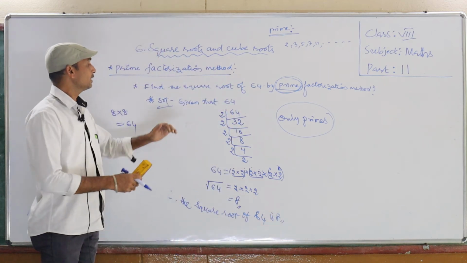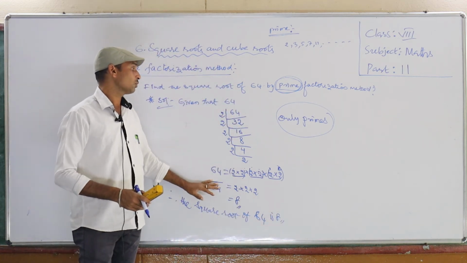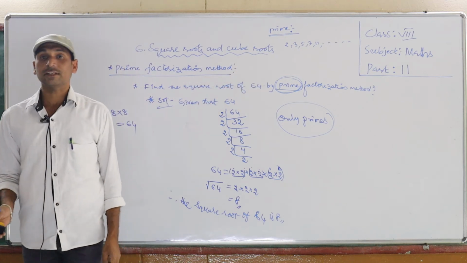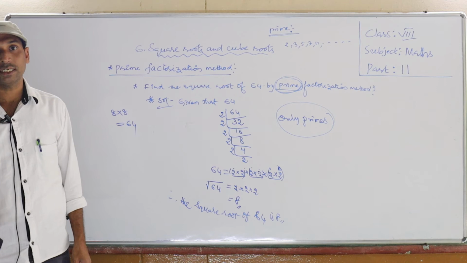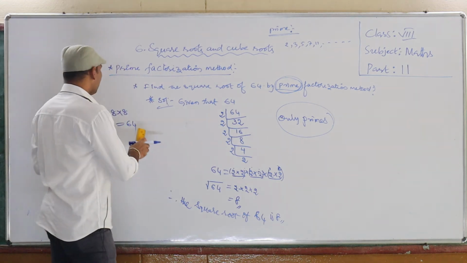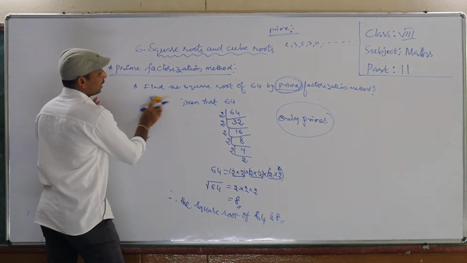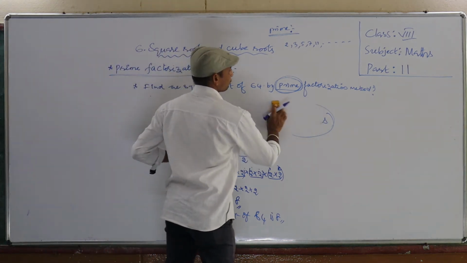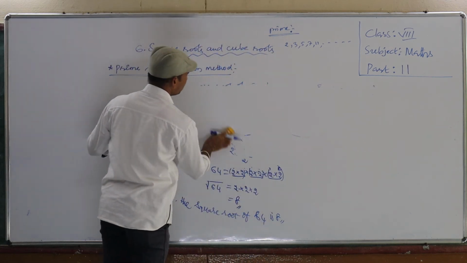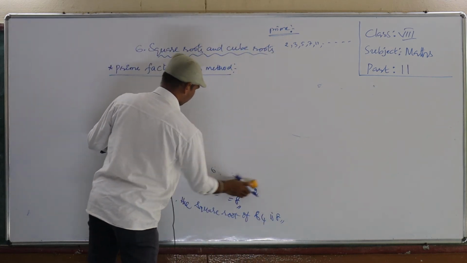This is the process to find the square root by using the prime factorization method. This is a small number. Sometimes they will give a big one. Then, children, we use the same method. I am giving one more example.